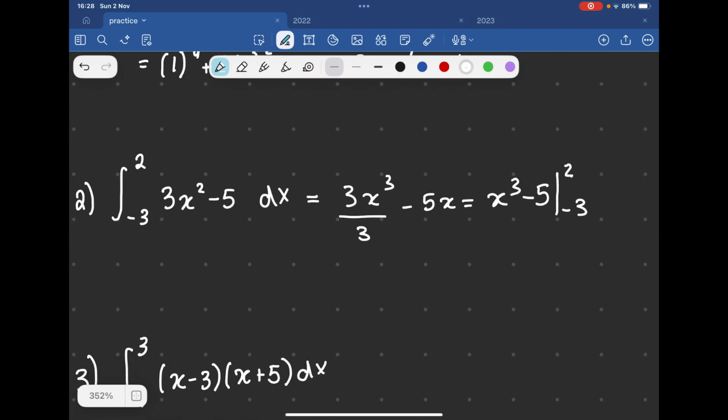Now, let's add on the fundamental theorem of calculus. So we're going to start off with b.